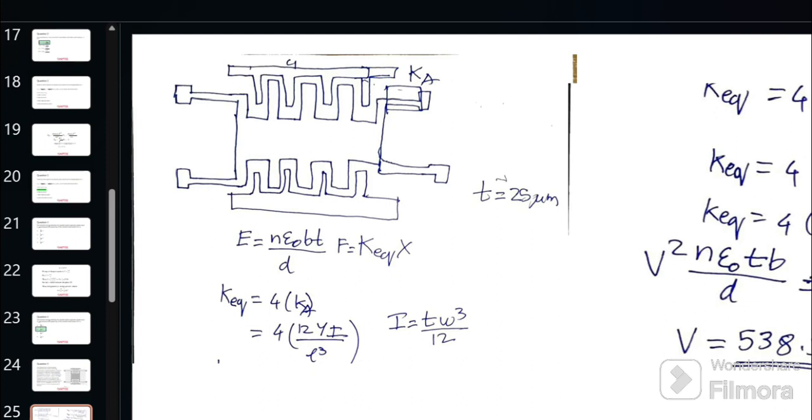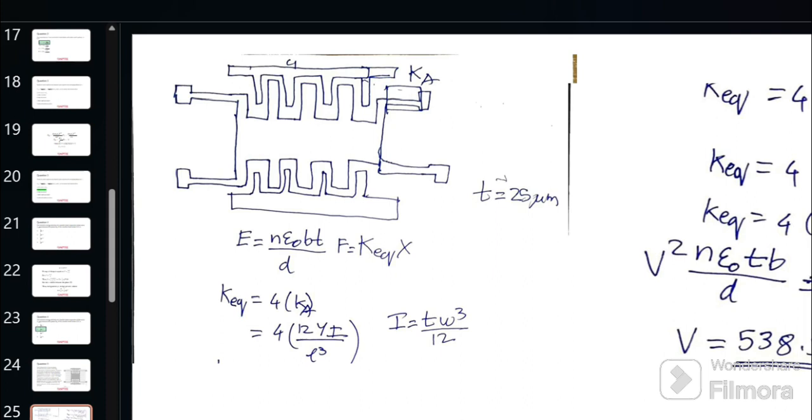Since there are 4 legs, the deflection will be constant for all the four legs. So the total spring constant will be given by 4 into K, and because it's a single beam, the formula will be 12 EI upon L cube.